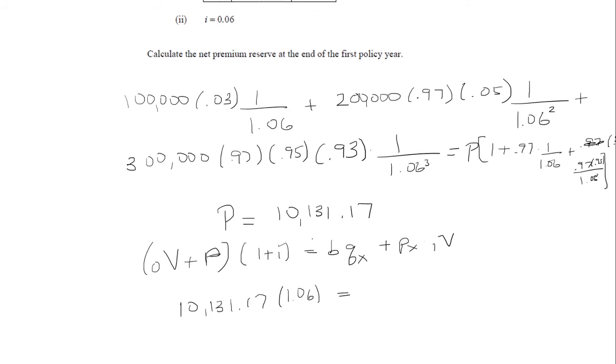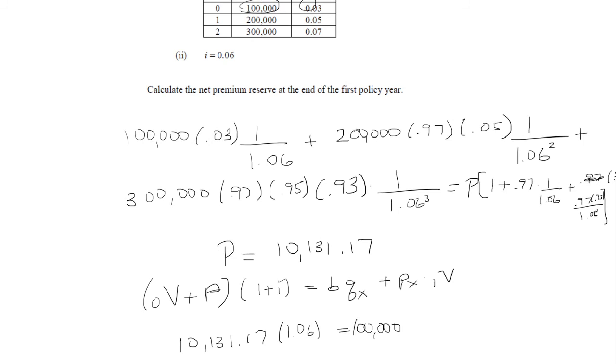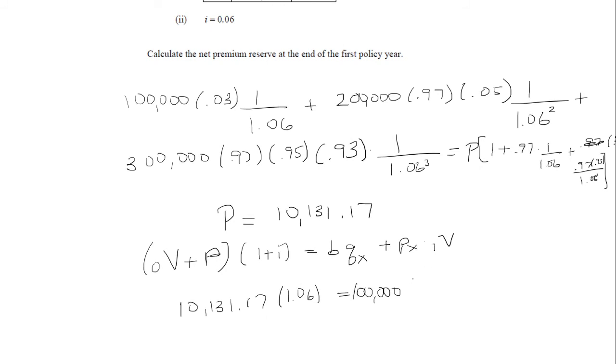The probability of dying is 0.03, and the probability of surviving is 0.97. The unknown is the net premium reserve at time 1. If we simplify, we get 7,978.39.